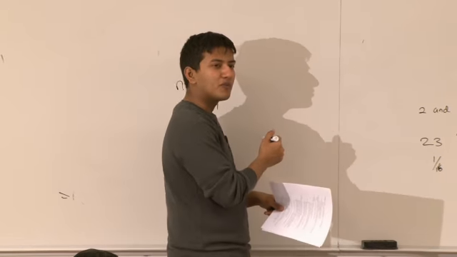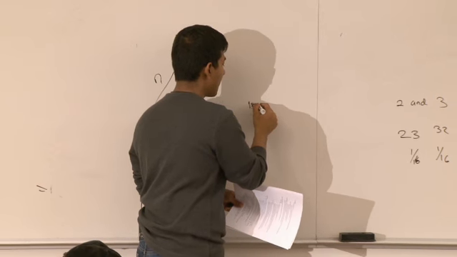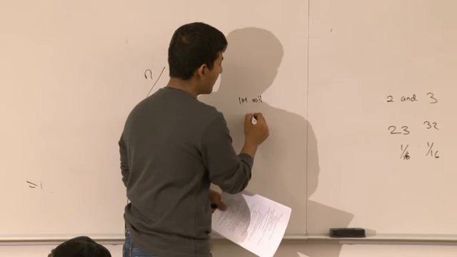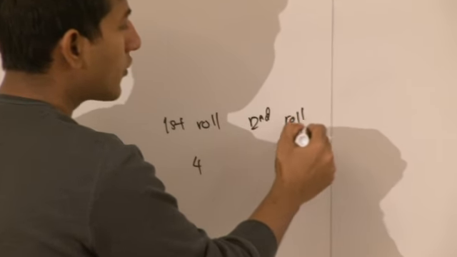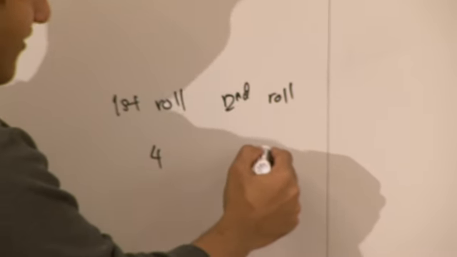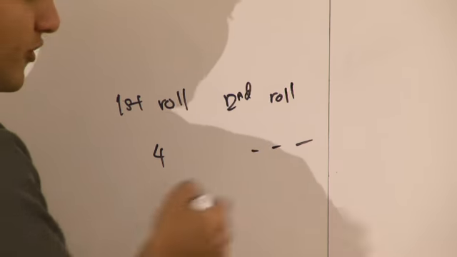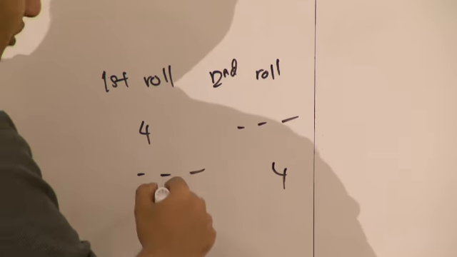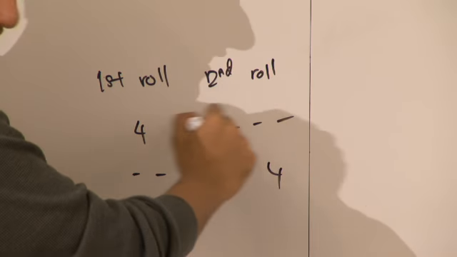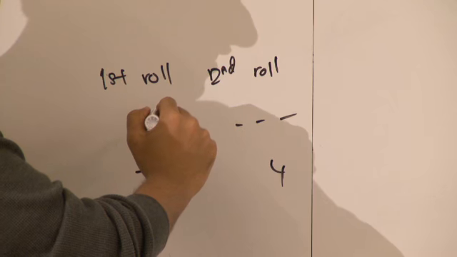Okay, so what are the possible outcomes? The first roll could be a 4, and the second roll could be anything. Or the second could be 4, and the first could have been anything. Or both could have been 4, but we would have considered that here as well.